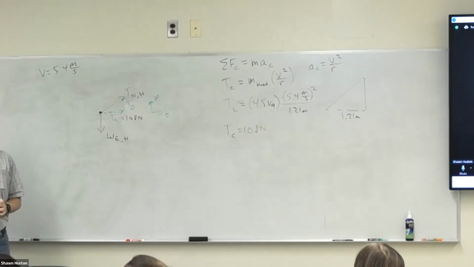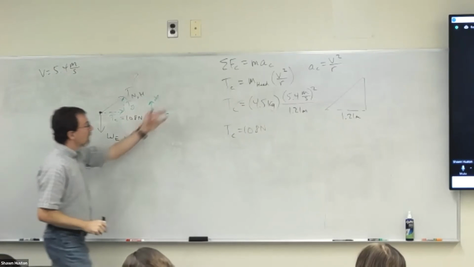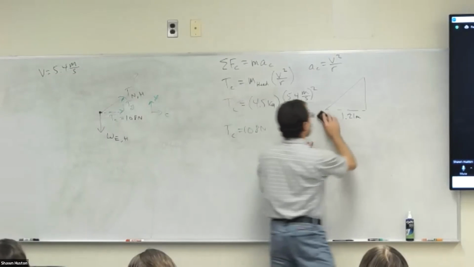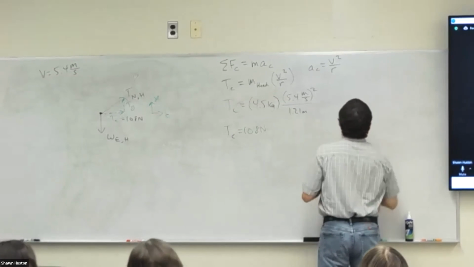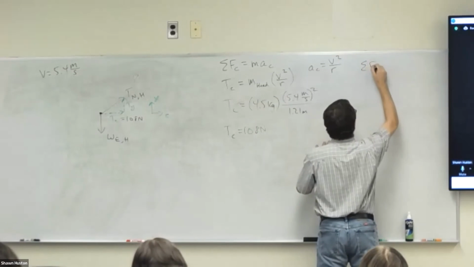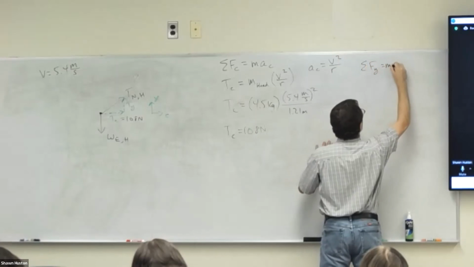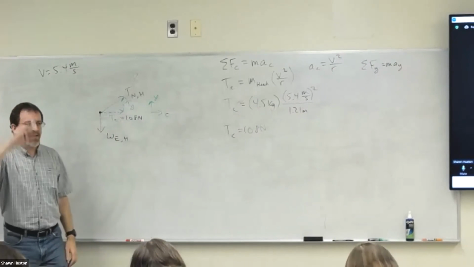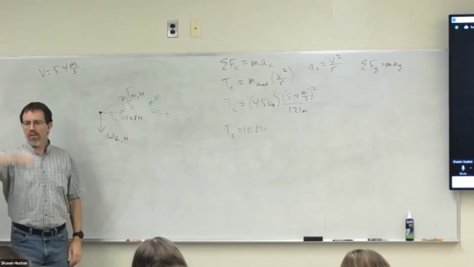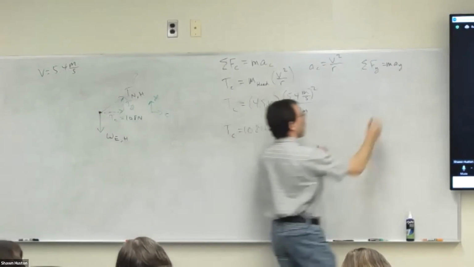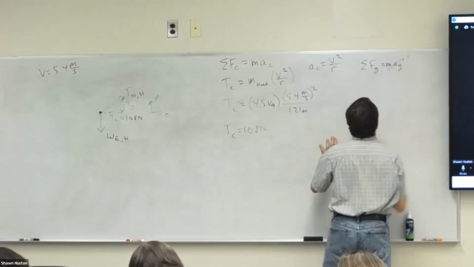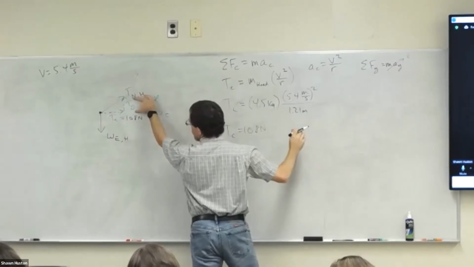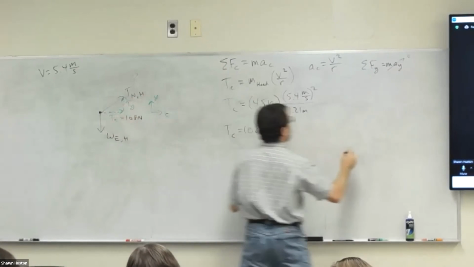We have the C component. All right, we've done the sum of the forces in the centripetal direction. Let's look at the Y direction. Sum of the forces in the Y direction is equal to mass times acceleration in Y. Is his head accelerating in the Y direction at all? No, it's moving around in a horizontal circle. That's 0. On the left-hand side, we've got T sub Y pointing upwards and W pointing downwards.